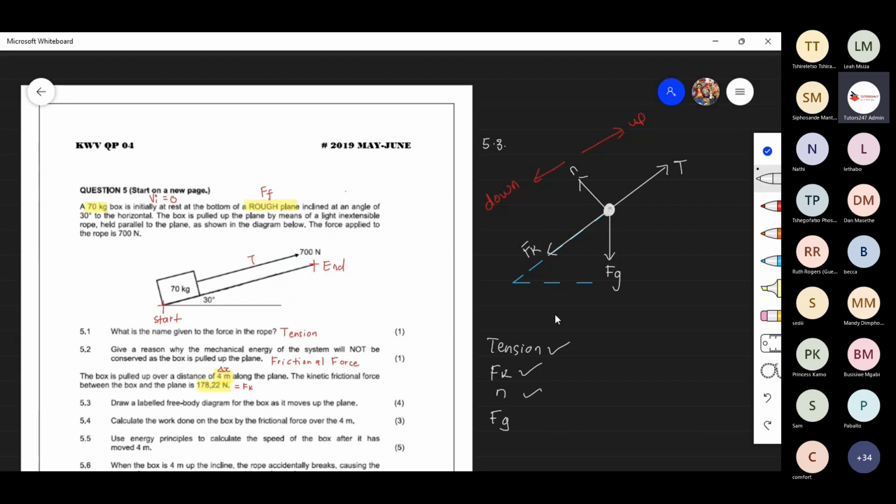You do not need to include the components of gravity. You only need the main forces. So we have now indicated all 4 forces, and we'll get 1 mark for each. And if you want to, you can just go and erase this up and down, because that is not needed, nor is this at the bottom.